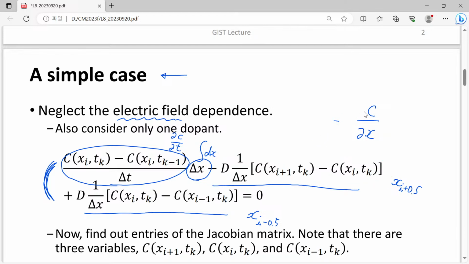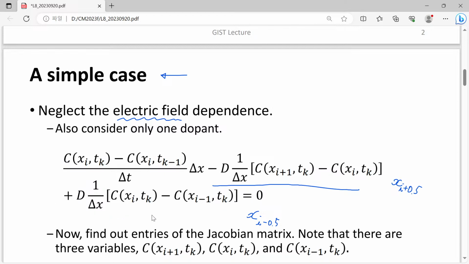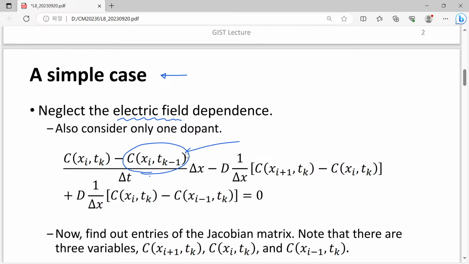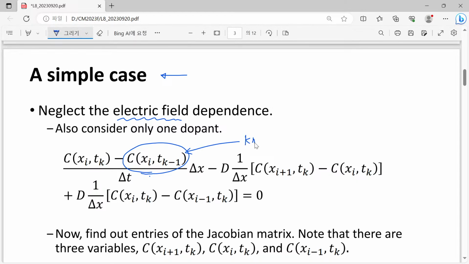If you remember correctly, in our previous lecture we treated the previous time instance as a known quantity, and we treated c at t sub k as unknown quantities.